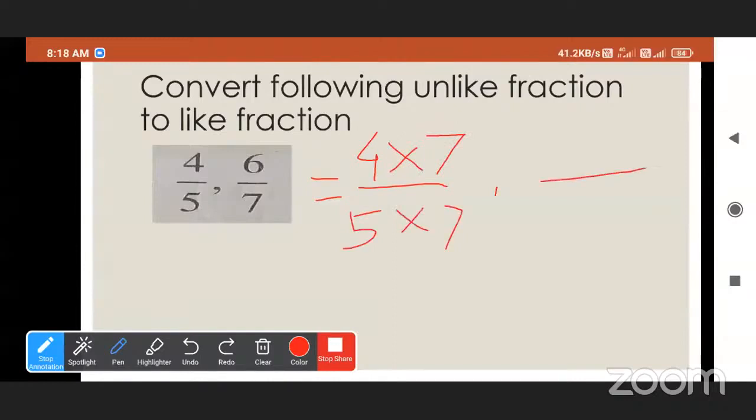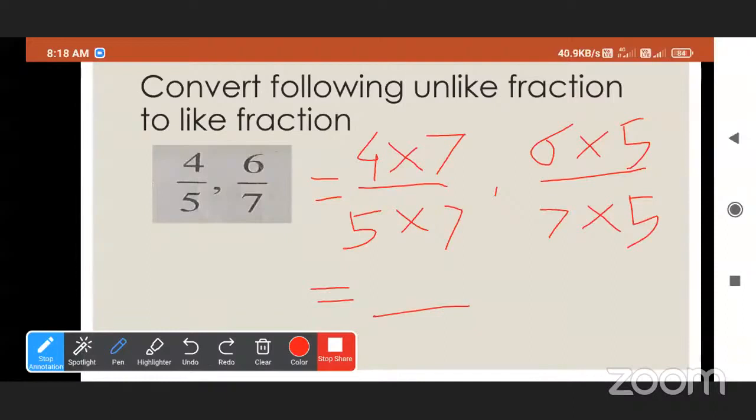Now 6 is multiplied by 4. We have to multiply the second fraction by the denominator of the first one, 5. And 7 is multiplied by 5.